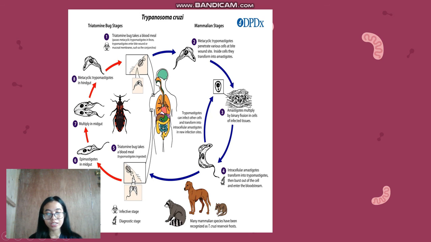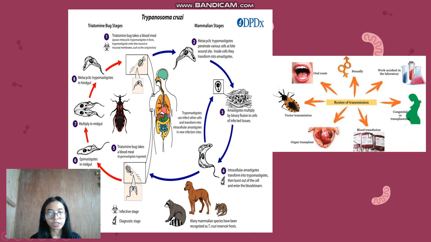So the ingested trypomastigotes transform into epimastigotes in the vector midgut, and then the parasites multiply and differentiate into metacyclic trypomastigotes in the hindgut.